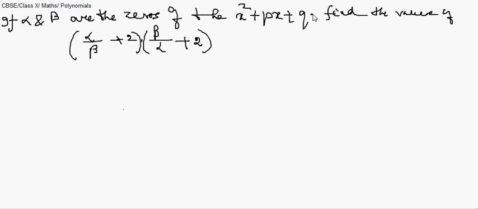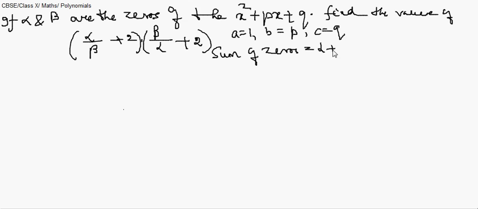Now in the given polynomial, a is 1. Let me write down, that becomes easier for you when you substitute the values to find the sum and the product of the zeros. c is q. The sum of the zeros is given by alpha plus beta, which in our polynomial becomes minus b by a, that's p by 1, that's p.